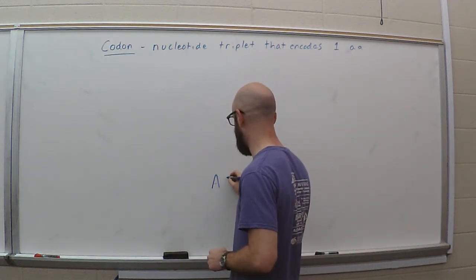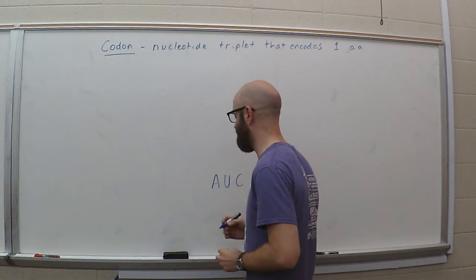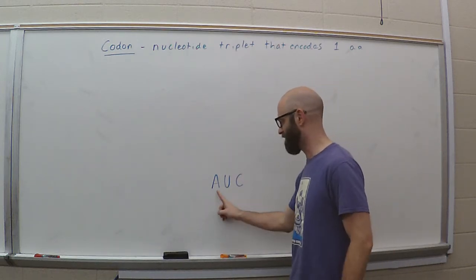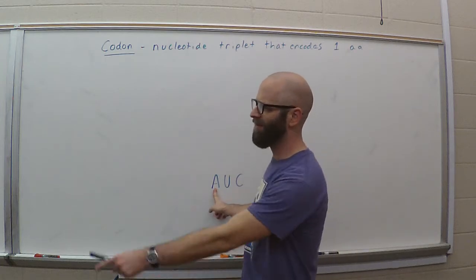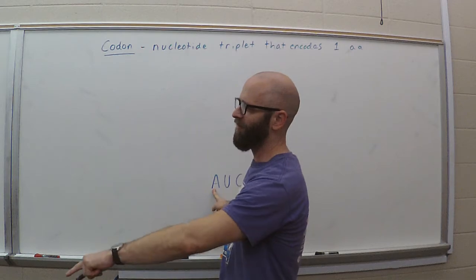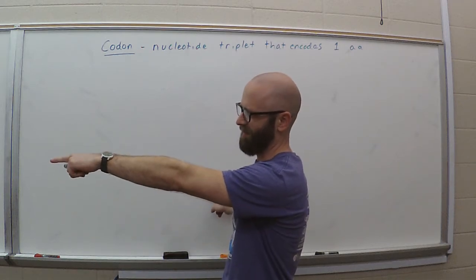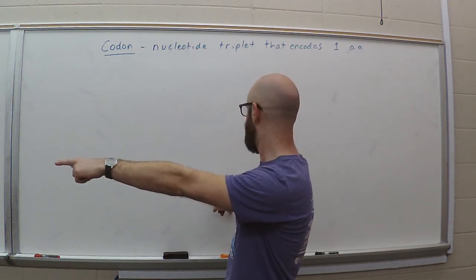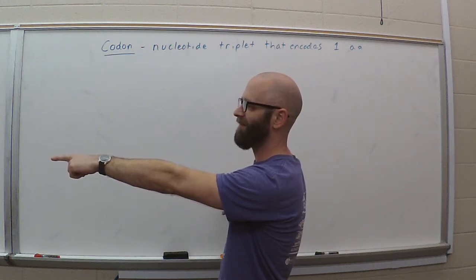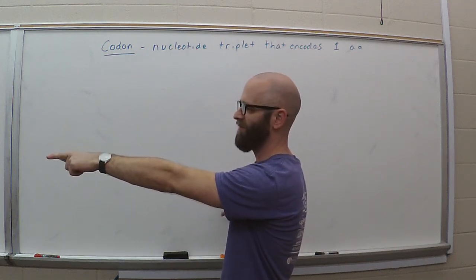Let's say it goes AUC, and you want to know what amino acid is encoded here. Well, the first one is A, so you look on the left side of that table. It says first letter, and you find A right there on the left side. And then the second letter is U, so you go over to the second box, because that's where it goes UA.